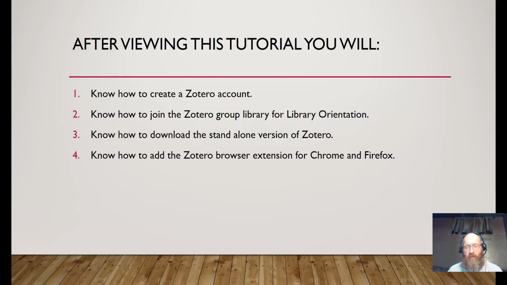After viewing this tutorial on Zotero, you will know how to create a Zotero account, know how to join the Zotero group for library orientation, know how to download the standalone version of Zotero, and know how to add the browser extensions for Chrome and Firefox.